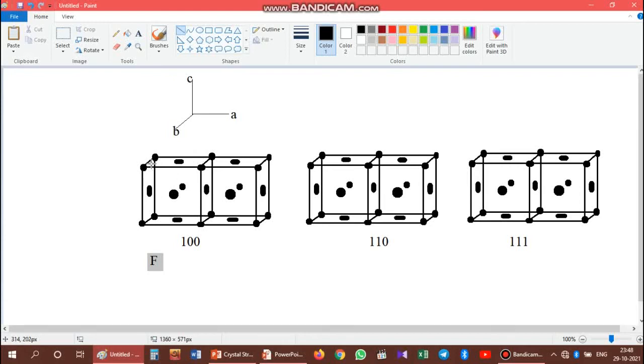So 100 planes, this is the 100 plane, this is the 100 plane, this is the 100 plane, isn't it? So let me first shade it.